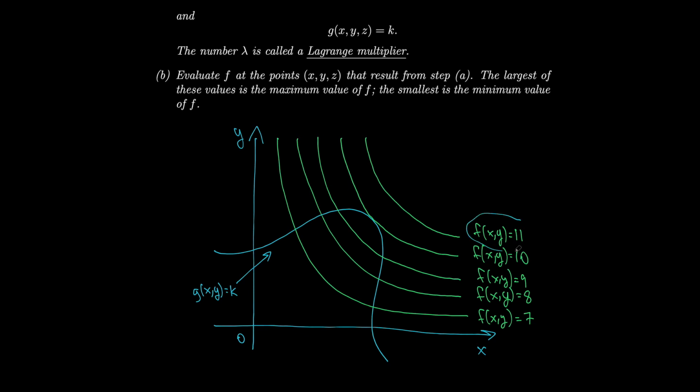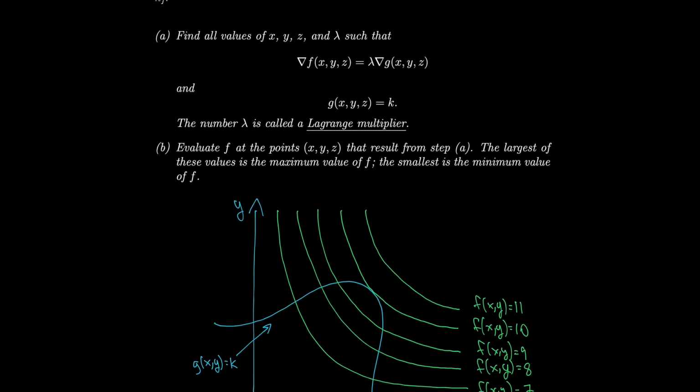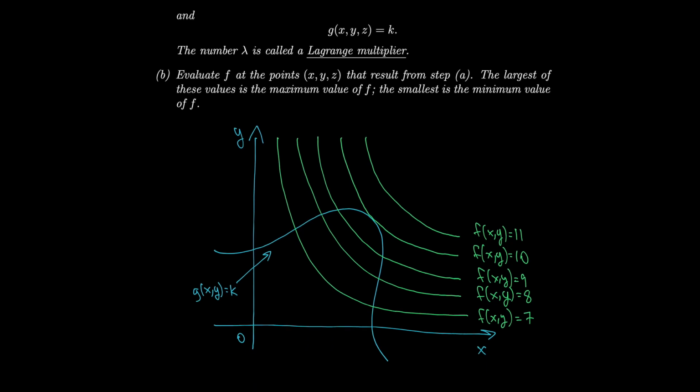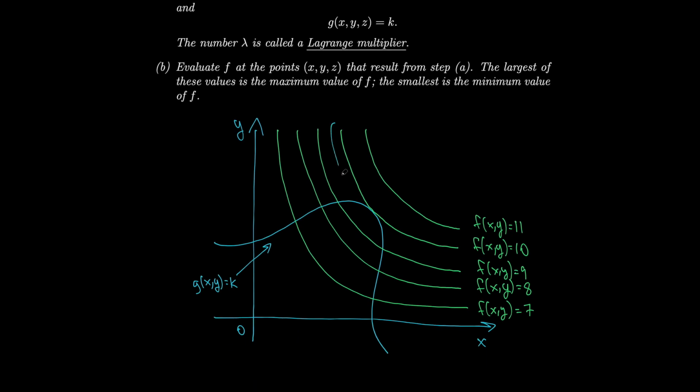It is a bigger value of z, but remember, we are trying to find the biggest value of f, or in this case z, subject to the constraint g of x, y equals k. So the biggest value is actually this curve over here, f of x, y equals 10. It would seem the biggest value of z should be 10, because all the other ones that intersect are smaller.